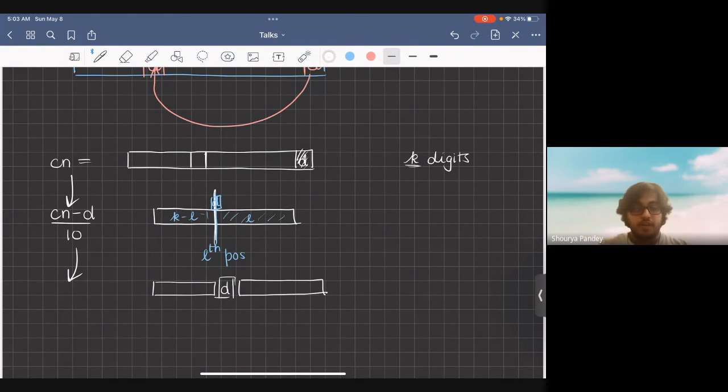It might be a little annoying and may need more variables, which is fine. What is this in terms of (Cn minus d) over 10? Let's call this A. If this block is A, then what is this number?